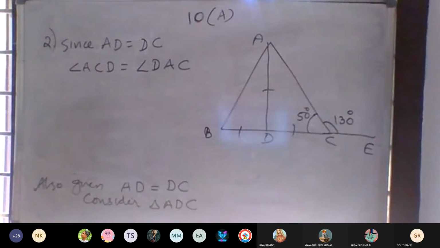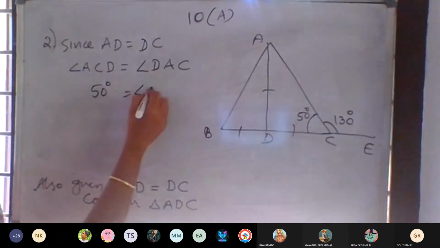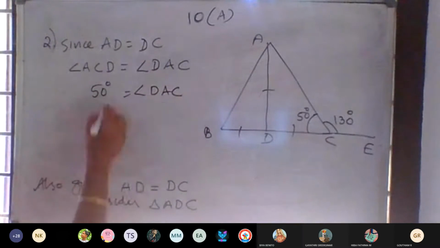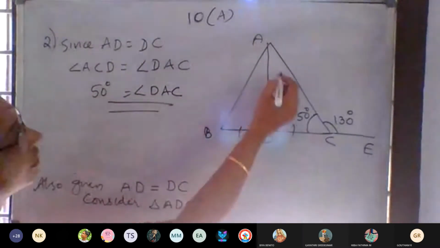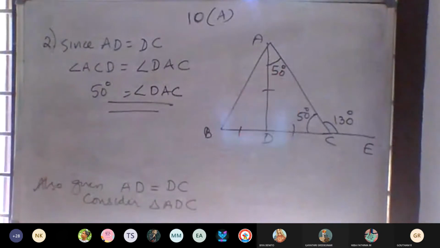We have to find angle ADC. Angle ACD we have as 50 degrees, so instead of this, we replace 50 degrees. So angle DAC we got as 50 degrees.